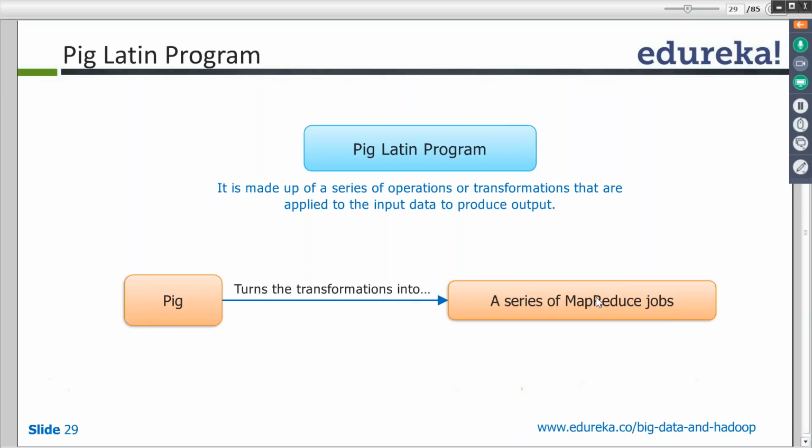Now see, the best part with Pig is, when you're writing Pig scripts, your script could be very complex. You could have lots and lots of transformations. Now let's say if you're working at a Java level, at MapReduce level, you cannot do multiple things together in a single MapReduce job, right?